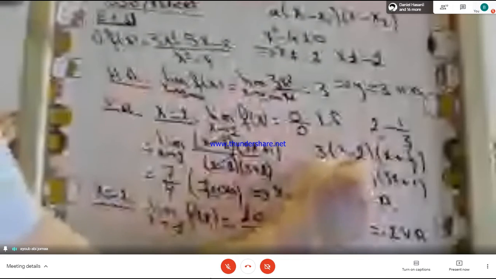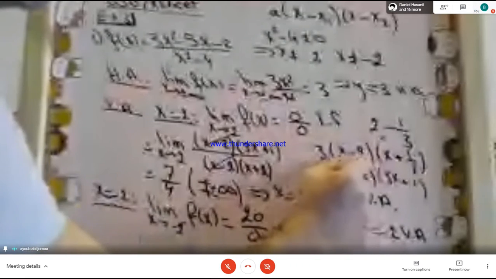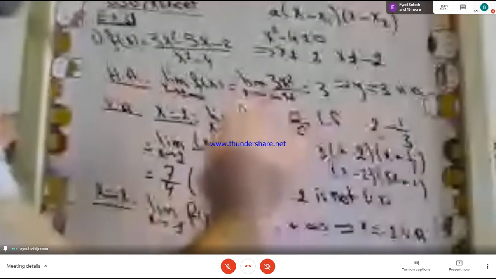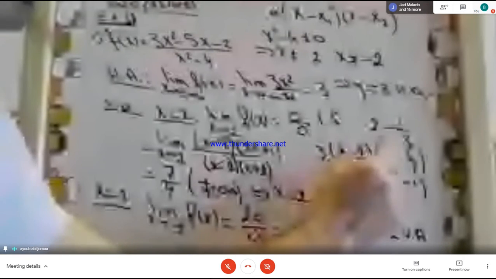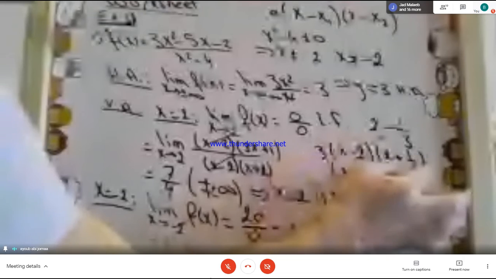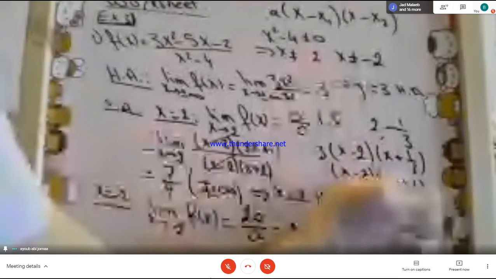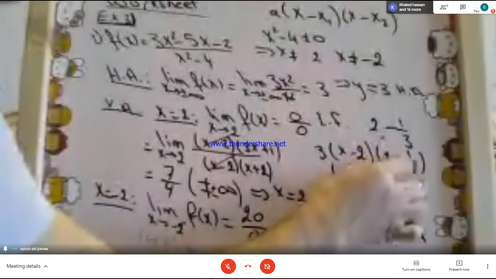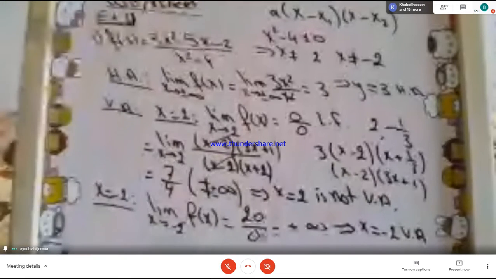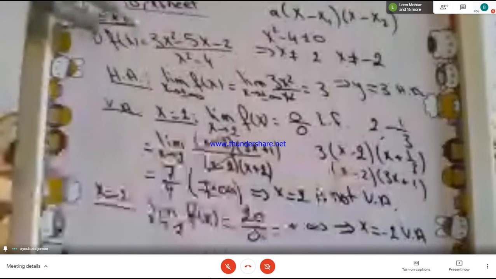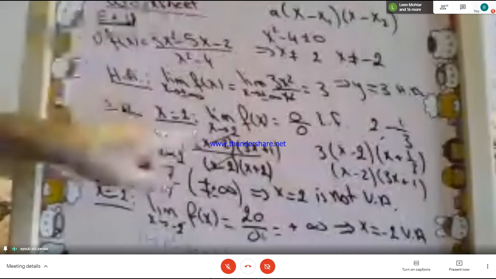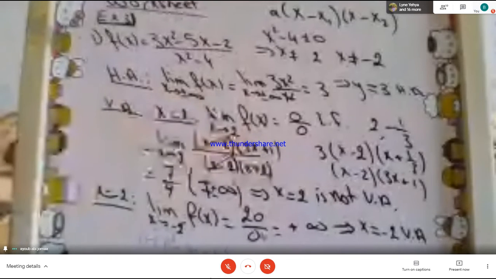Expand the 3 over one of these two, of course not over both, over one of them. I multiply 3 by x and 3 by 1 over 3. Here you get 3x, and the 3 over 3 is 1, so you get 3x plus 1. So this quadratic expression is (x minus 2)(3x plus 1).